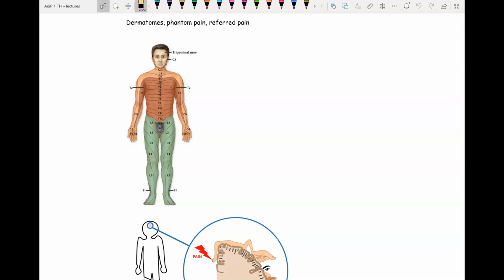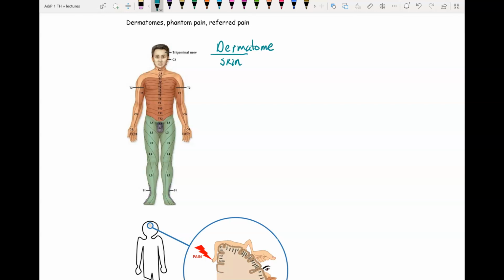Now we're going to look at a few maps of the body that correspond to your spinal nerves. This first one is a dermatome. Think of derm, which means skin.